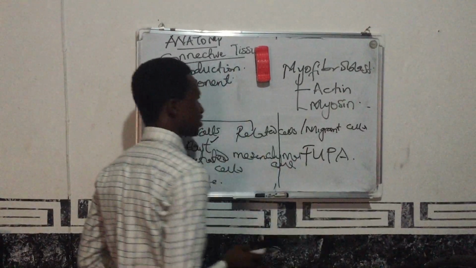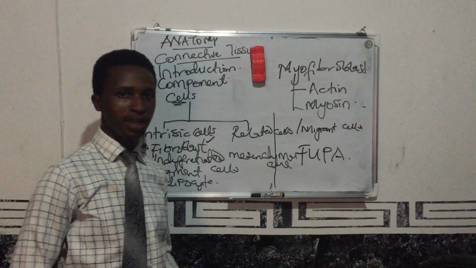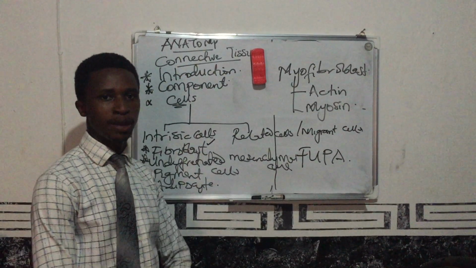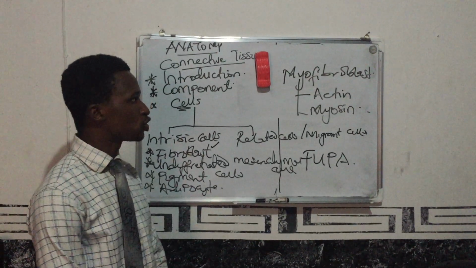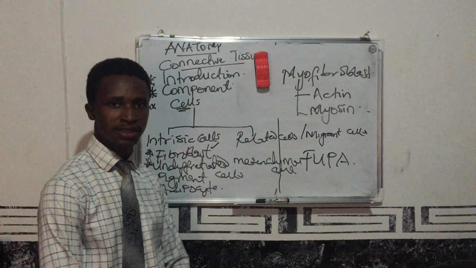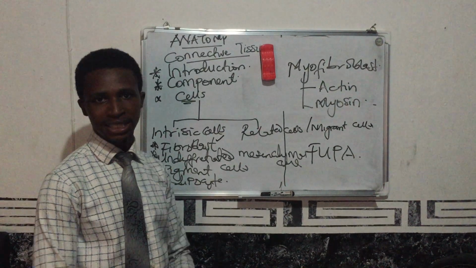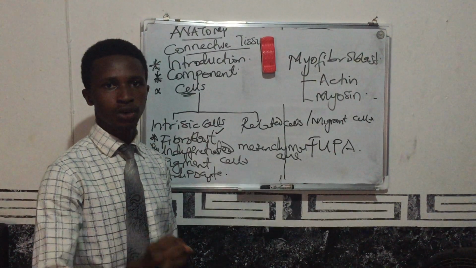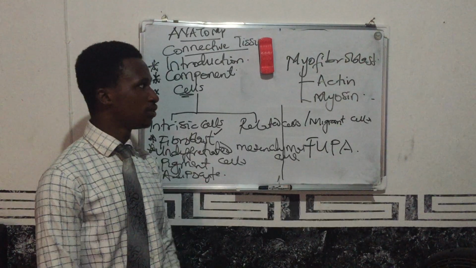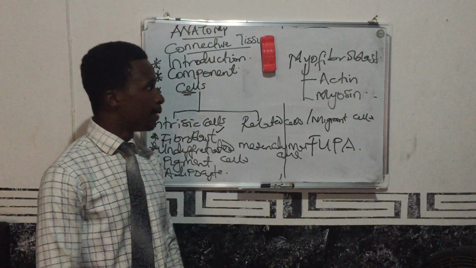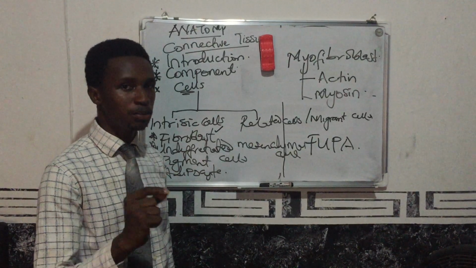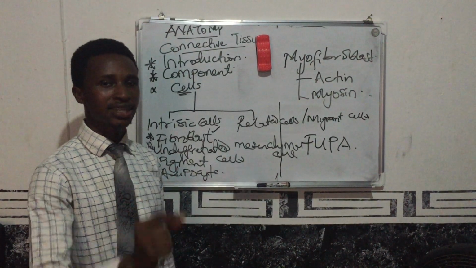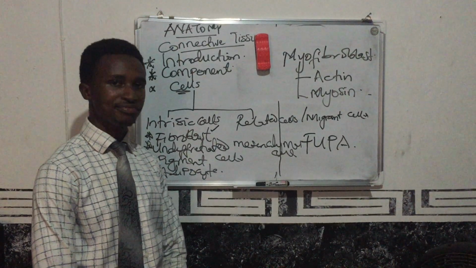These two proteins are not found in fibroblast, but they are present in myofibroblast. Myofibroblast is responsible for retraction and shrinkage of scars. That is not the function of fibroblast.